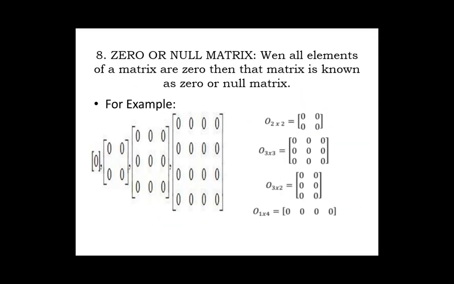Now the last type, which is the 0 or null matrix. A 0 or null matrix means in the matrix all the elements are 0. If all the elements of a matrix are 0, then that matrix is known as a 0 or null matrix.